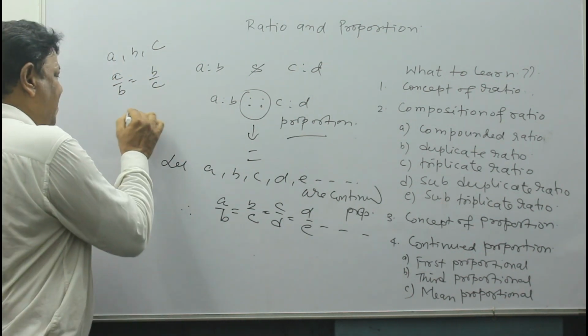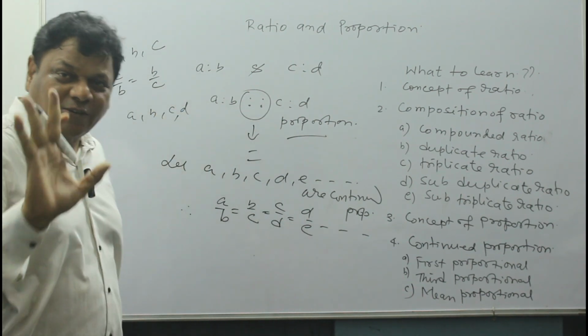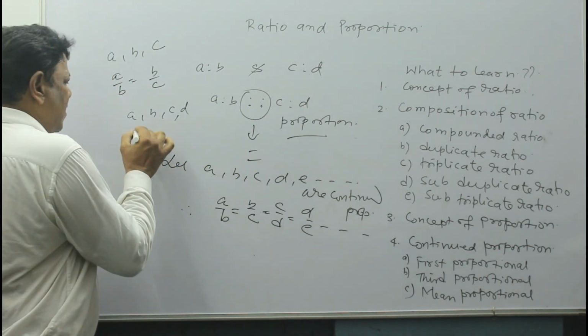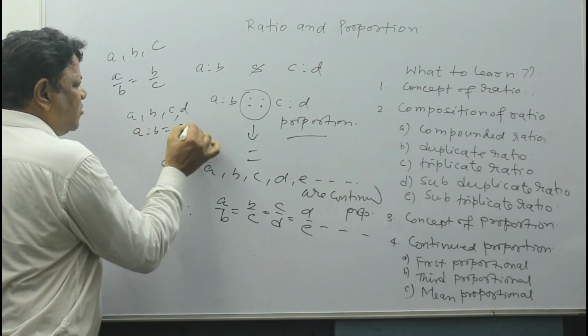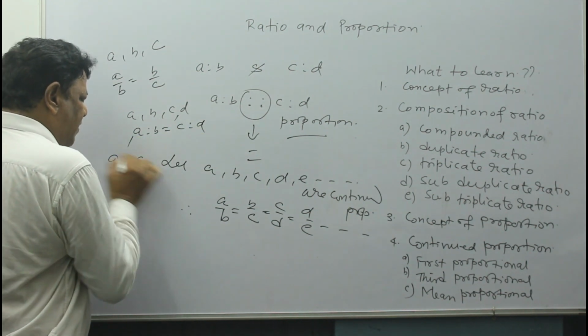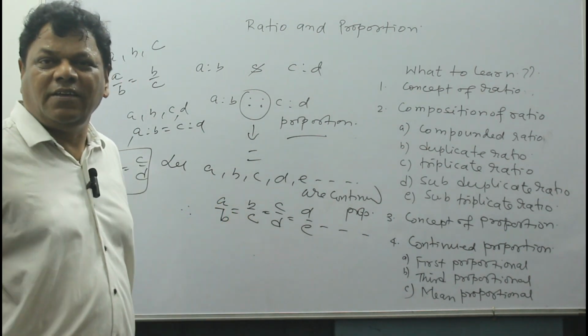Clear? If A, B, C, D is given, and A, B, C, D are in proportion, I understand two things. If I say it is a proportion, then I say A by B equal to C by D. When I say this, it is a proportion only.